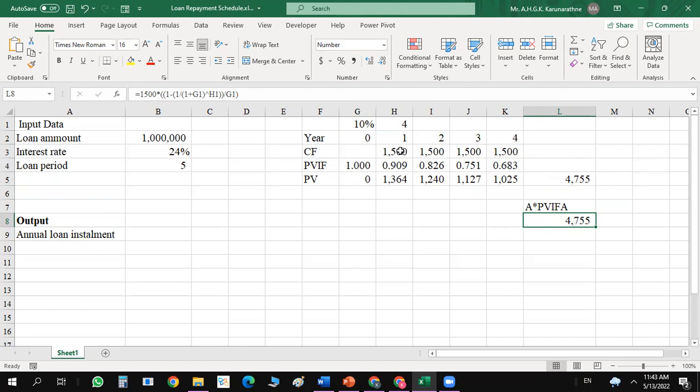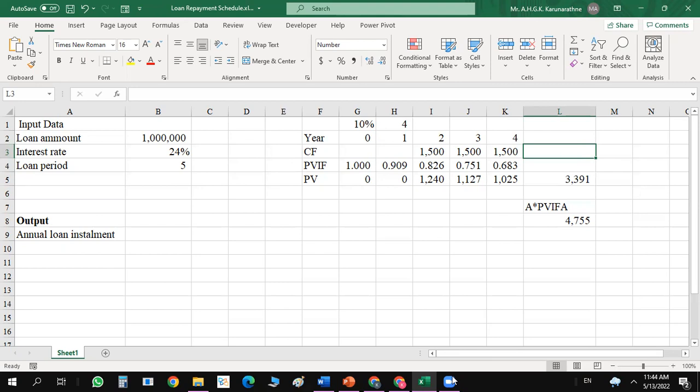Then what is this cash flow? Can anyone tell me? This cash flow is again an annuity.